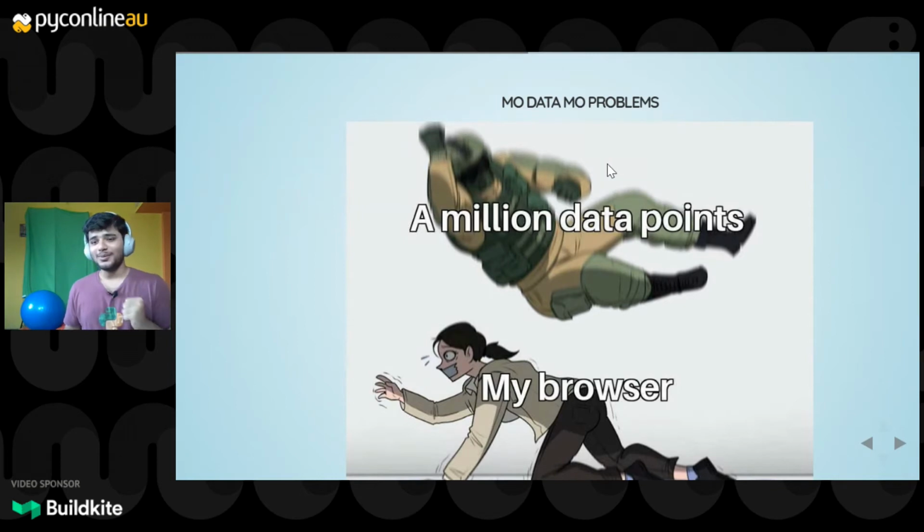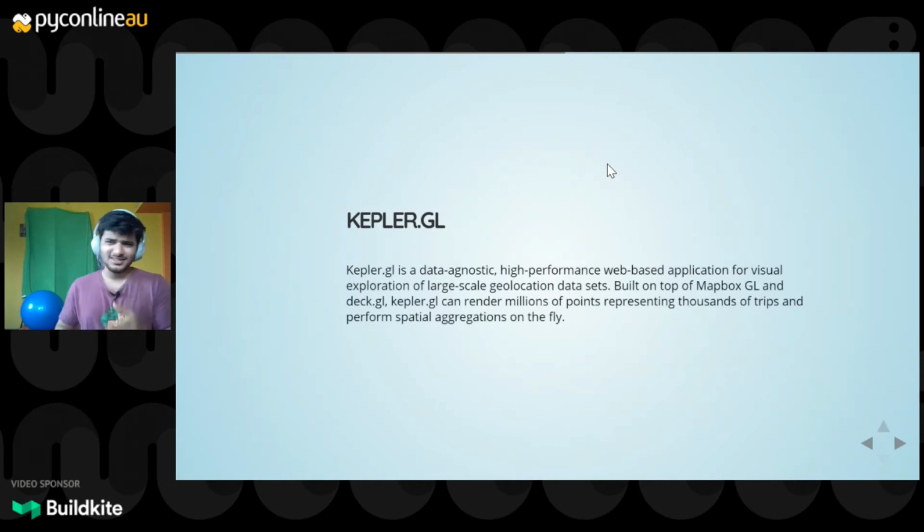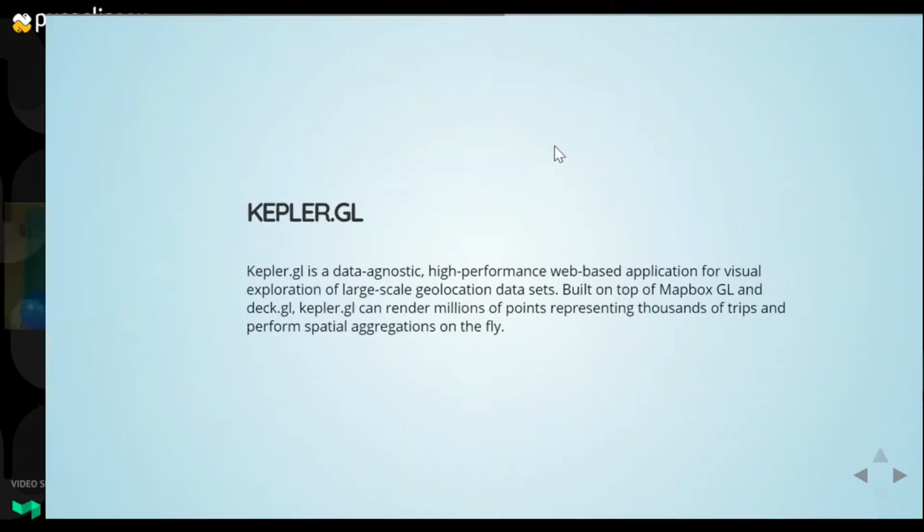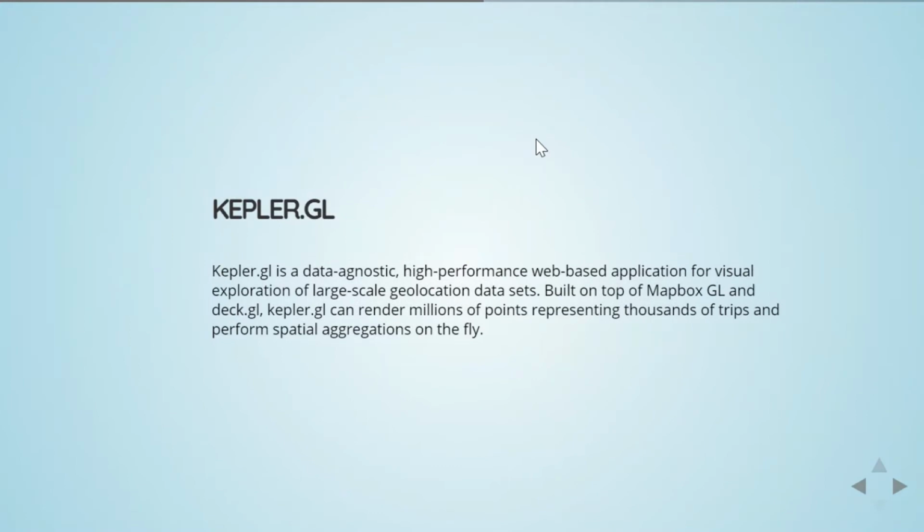So I'm going to introduce you to the new kid in town to do exactly this, which is Kepler GL. This is the textbook definition of Kepler GL. It's a data agnostic, high performance web-based application.